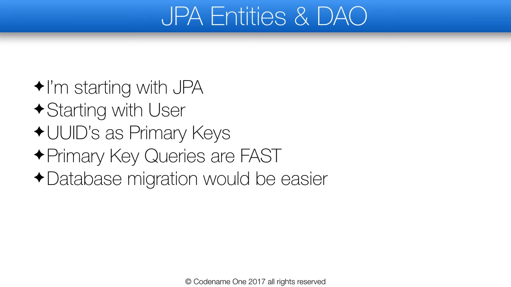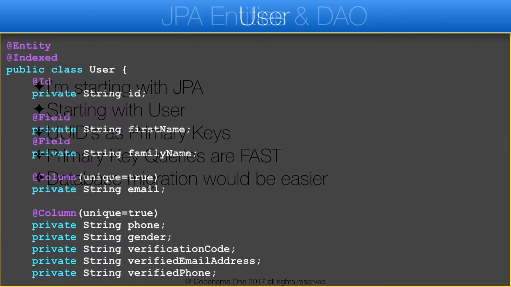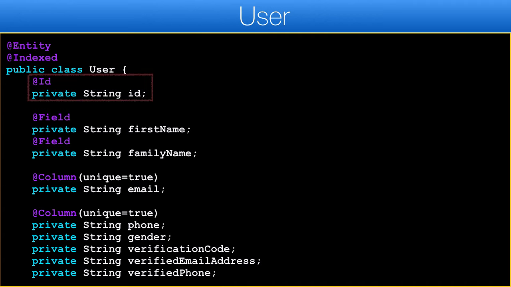Another advantage is database flexibility. It would be possible to migrate to a different database type in the future if we use this approach. An auto-generating strategy can cause a problem as we try to move live data from one database to another. Now that we got that out of the way, let's go to the code.